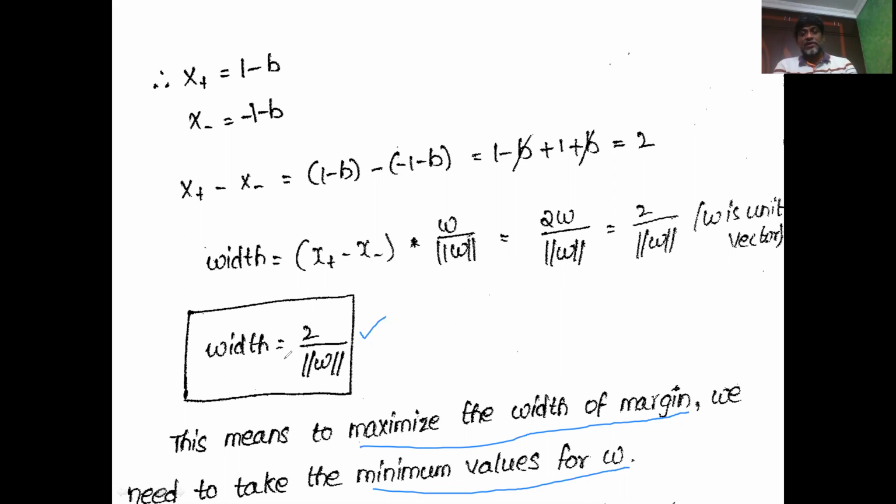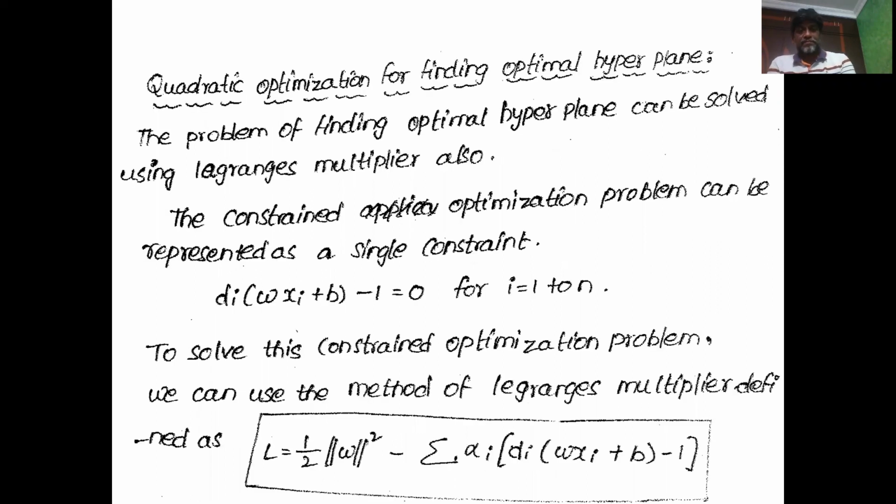You can calculate width as 2 by mod w. That is the equation and formula that we got for identifying an optimal hyperplane in a linearly separable class.